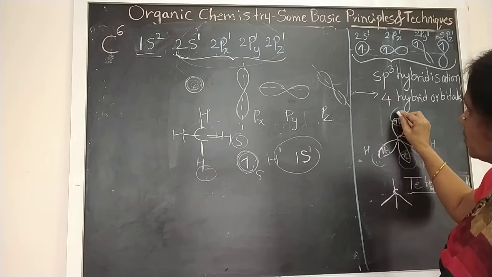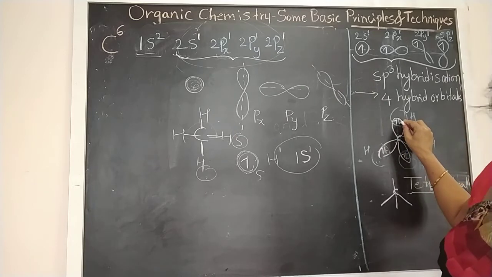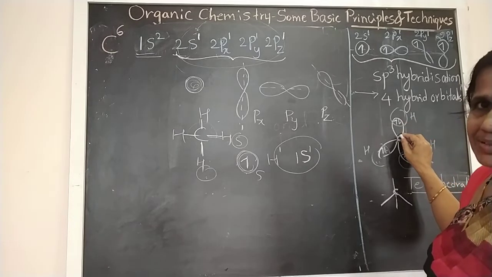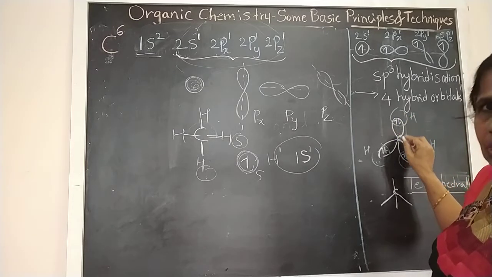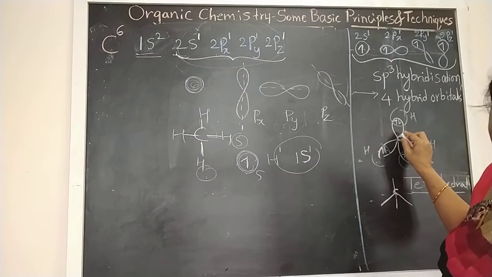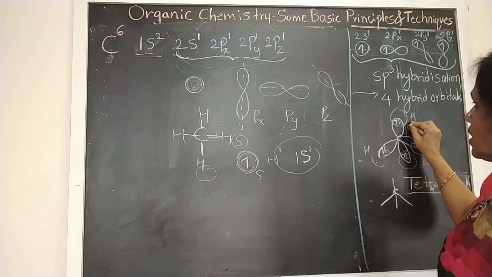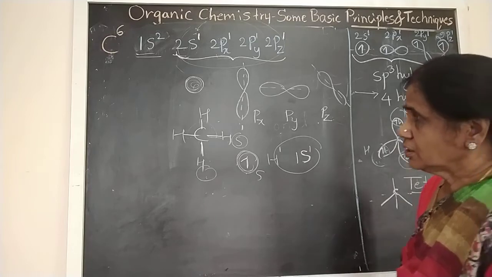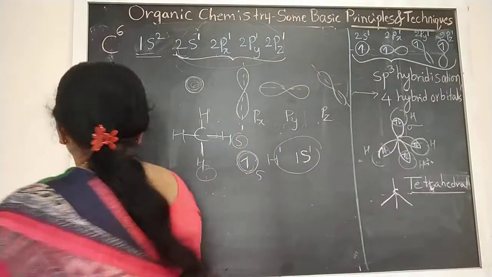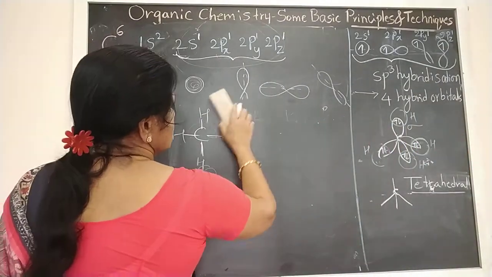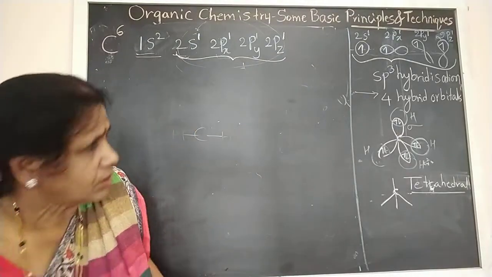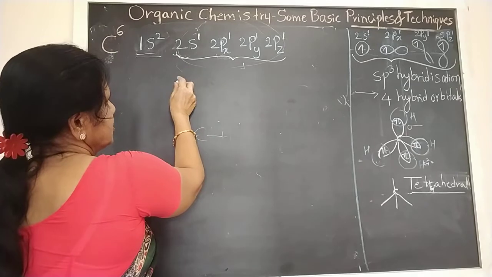The overlapping of the hybrid orbitals with the s orbital takes place along the axis. When it takes place along the axis, the bond formed is called a sigma bond, or a single bond. So in methane, 4 sigma bonds, or single bonds, are formed between the carbon and the hydrogens.